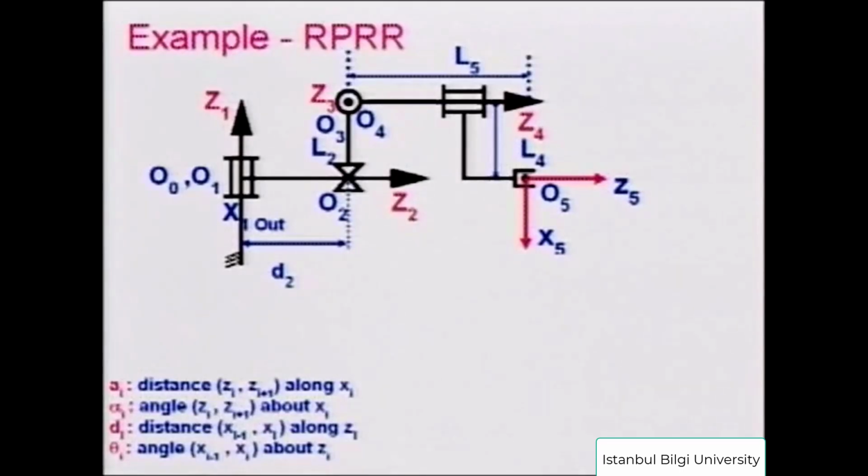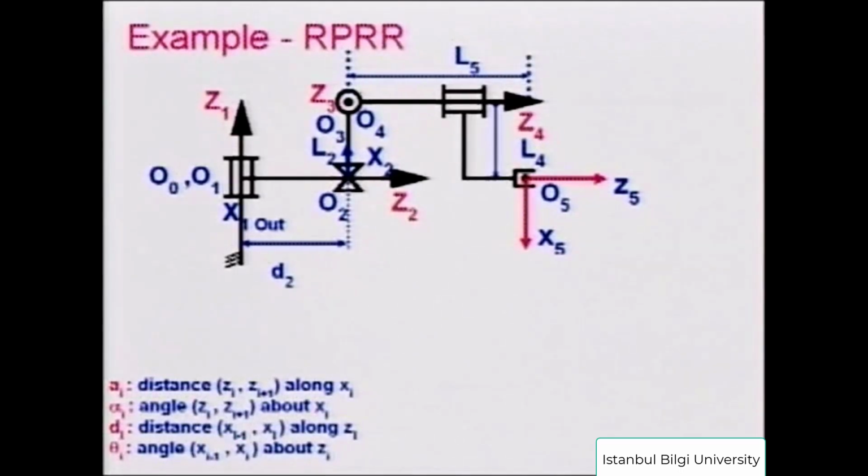x2. How do we define x2? It is along the common normal between Z2 and Z3, and it points from O2 to O3. That is x2. X3, where is X3? X3 is along the common normal between Z3 and Z4.